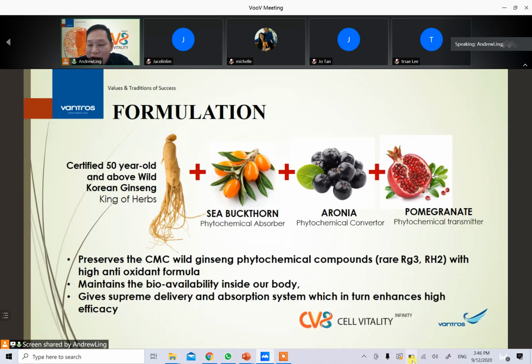Each individual ingredient has a special function that helps provide synergistic effects, or helps in converting the nutrients to be ready to be used or absorbed by your body.